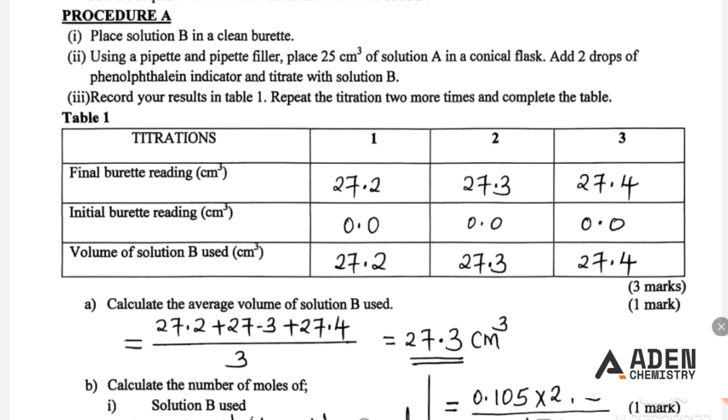This one with this, plus or minus 0.1. And this one with that one, plus or minus 0.2. That means we are supposed to take the 3, add them, and divide by 3. What we are going to get there will be 27.3 centimeter cube. This will be our average titer. It carries 1 mark. Don't forget to write the unit. It must be shown.